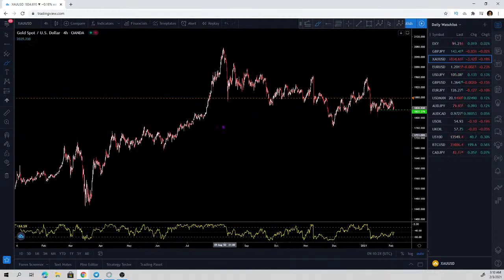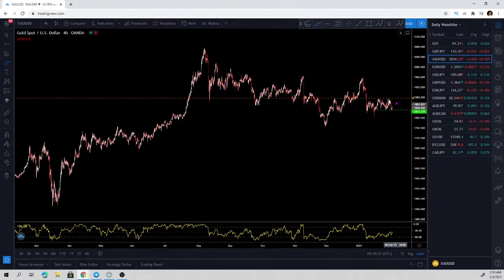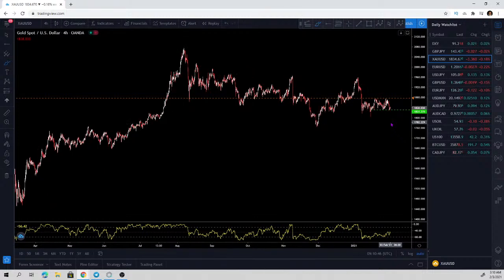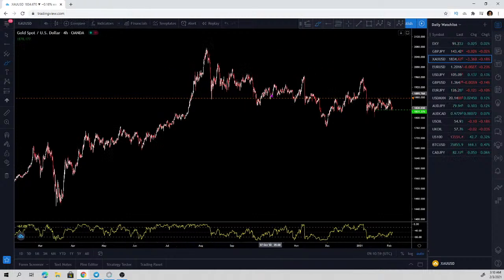Because if you look at the whole chart, and that's why I have this alert here, if price breaks the 1880 level, I'm going to pick up buys at the retest of the 1880 level on an amazing risk to reward ratio, and I'm going to put my foot on the pedal on that retest for at least a retest of the 2000 level.